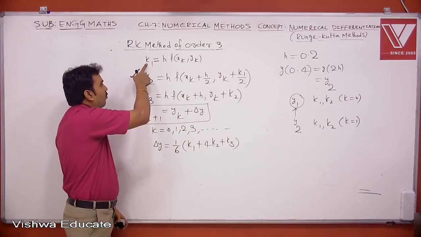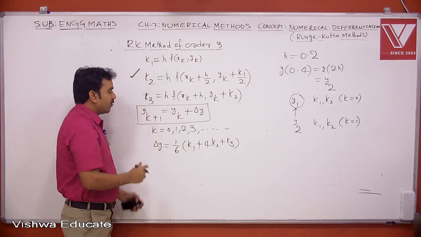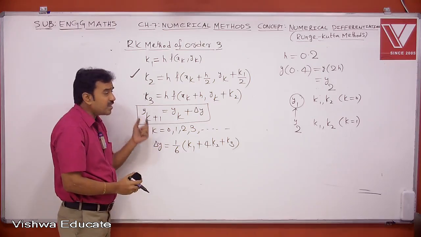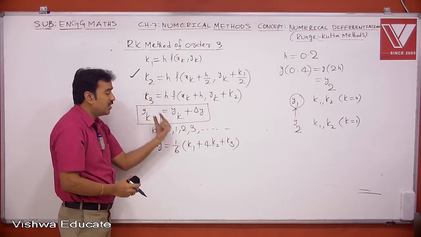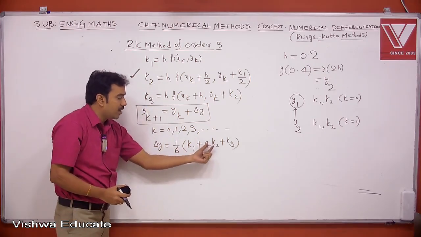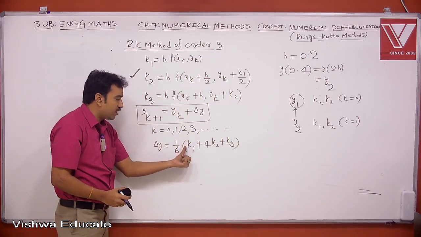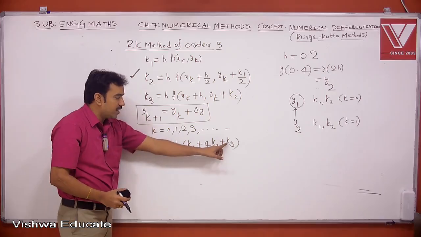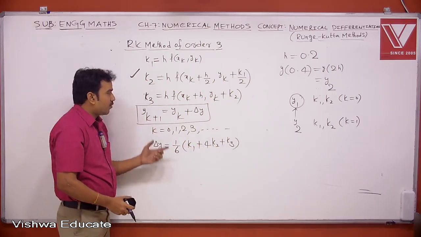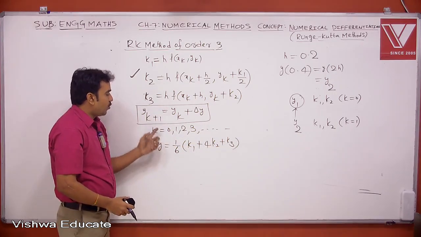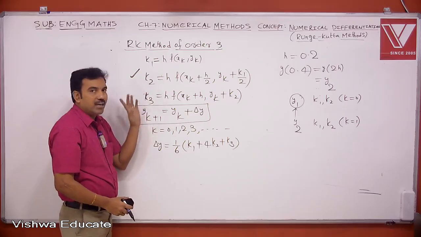But k1 is okay, k3 is clear. So in this case injustice has been done for k2. So to do justice for k2, give more units to k2. Therefore k1 is given 1 unit, k2 is given 4 units and k3 is given 1 unit. So in every iteration we need to find k1, k2, k3.